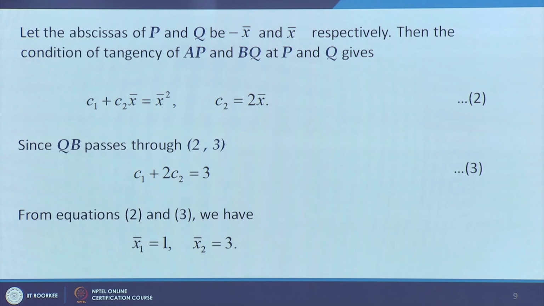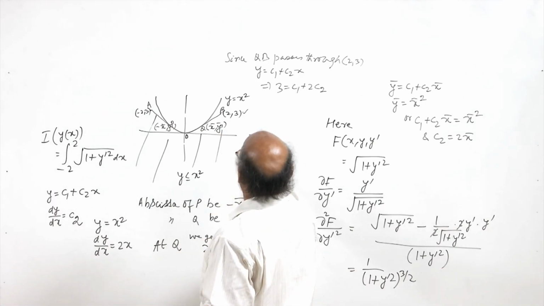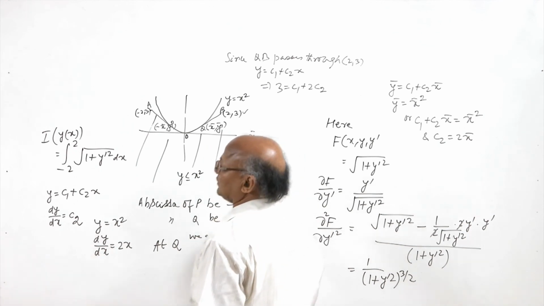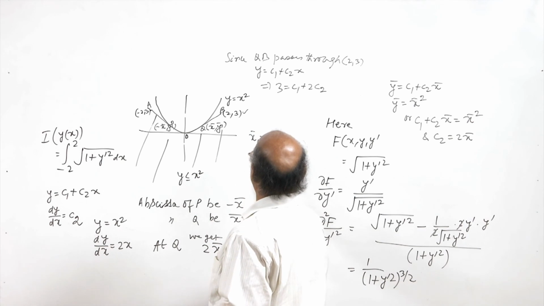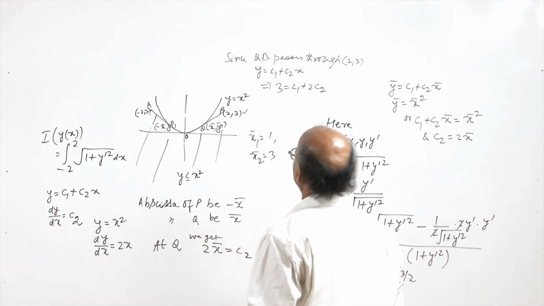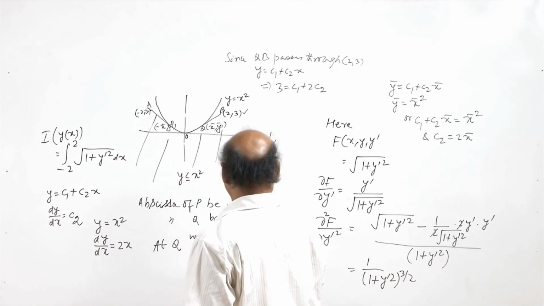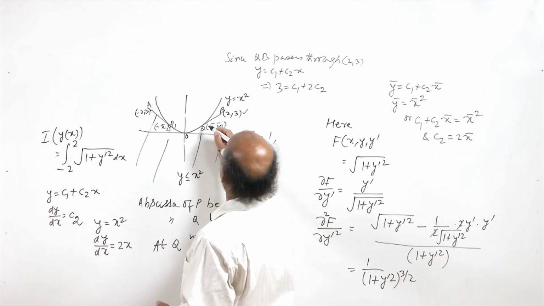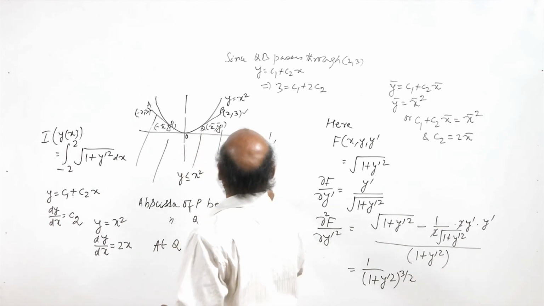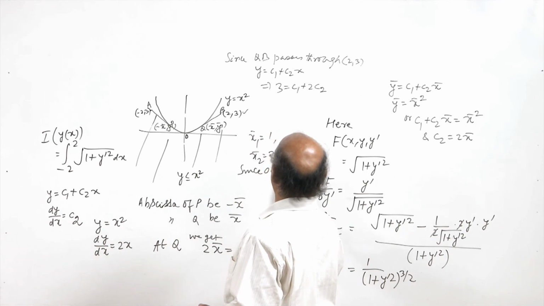Now, x1 bar is equal to 1 and x2 bar is equal to 3. These are two values of x bar. So x2 bar equal to 3 is not possible because x bar lies between 0 and 2, since 0 is less than x bar less than 2.